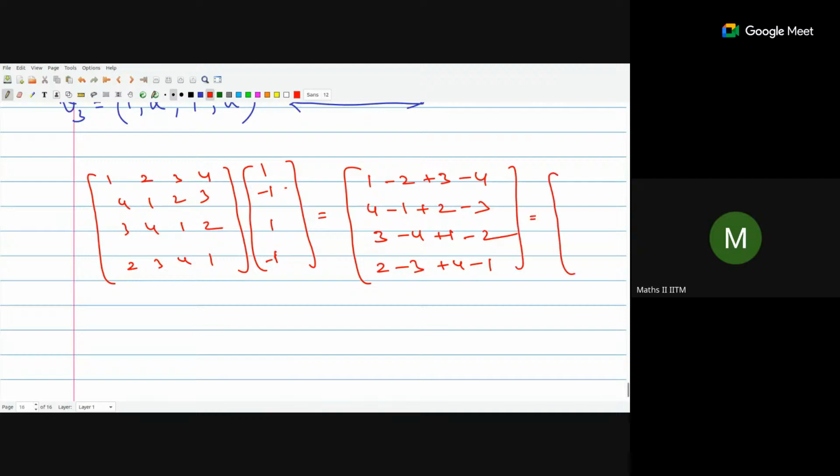If I simplify this, I get minus 2, 2, and so on. From here you pull out minus 2 as common, and you see 1, minus 1, 1, minus 1. So minus 2 is the eigenvalue, sorry, it will be the eigenvalue, and its corresponding eigenvector is this.